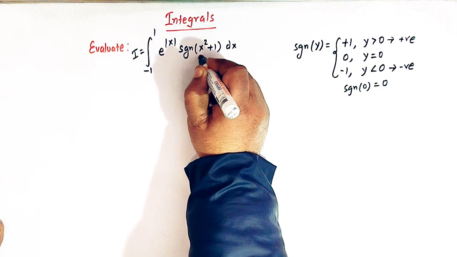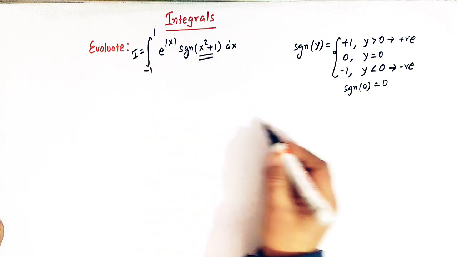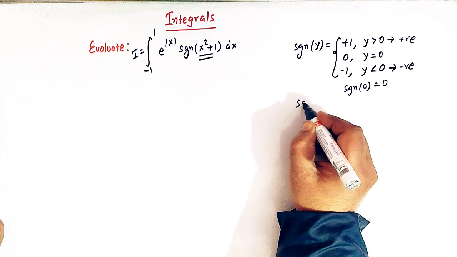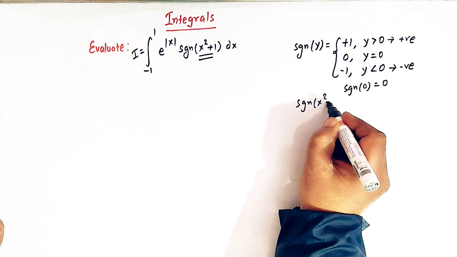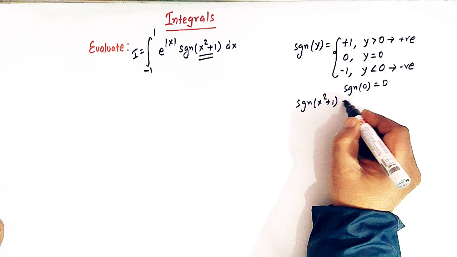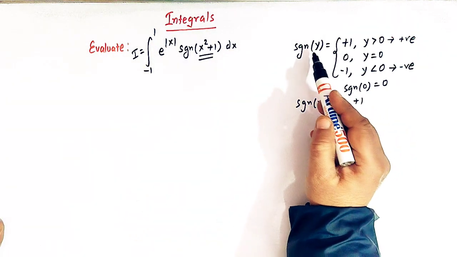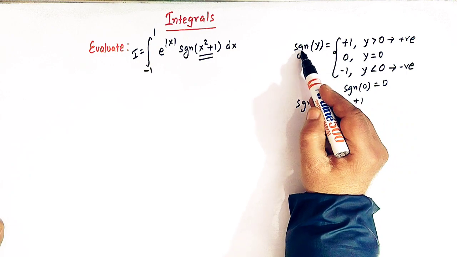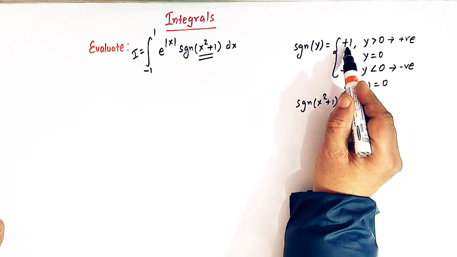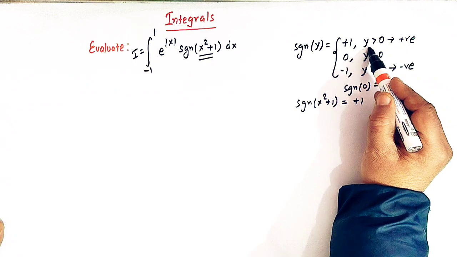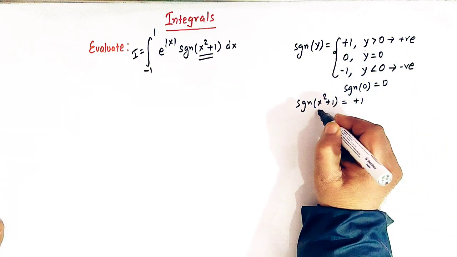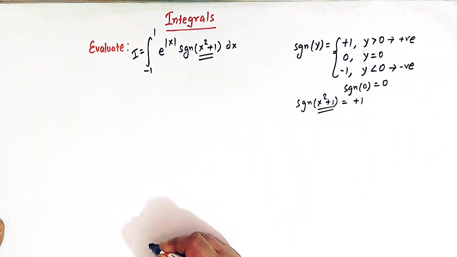Now let us take signum of x square plus 1. Signum of x square plus 1 is always equal to positive 1, because signum of y is equal to plus 1 for all positive values of y. Here we have x square plus 1.